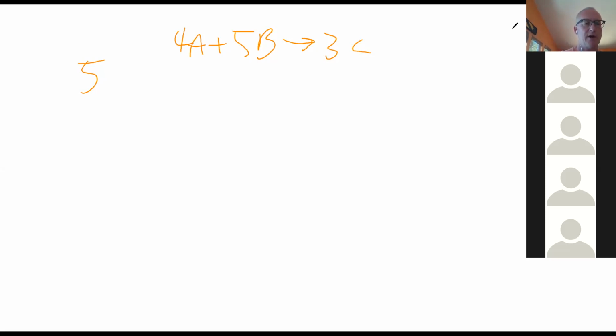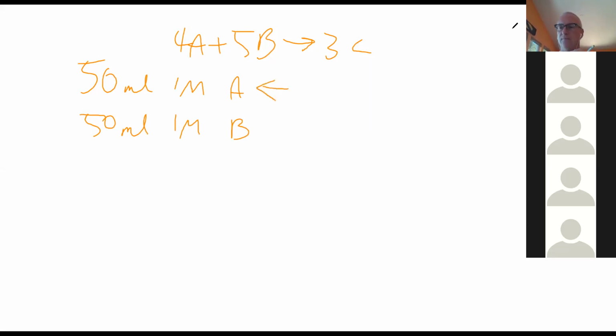So what I'm going to do is add 50 mils of 1 molar A and 50 mils of 1 molar B. So in other words, I've got equal amounts, right? Under these circumstances, I have more A than I need. I only need 40 mils of A in order to react completely, right?